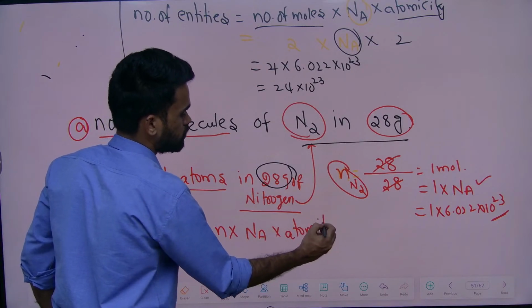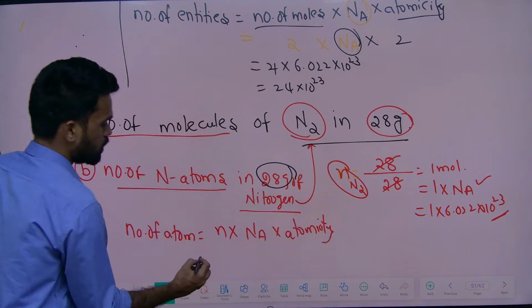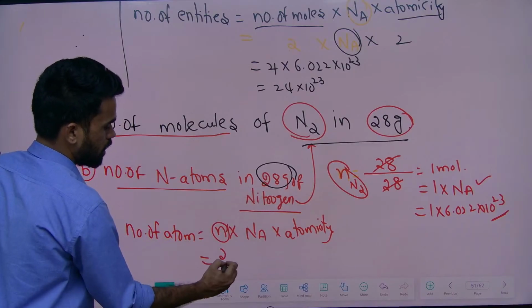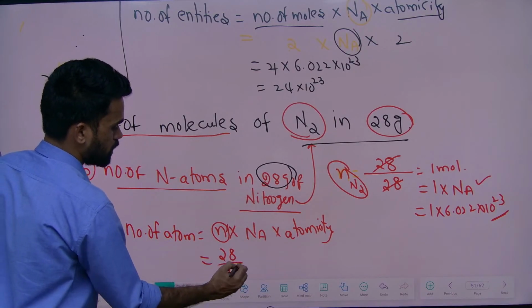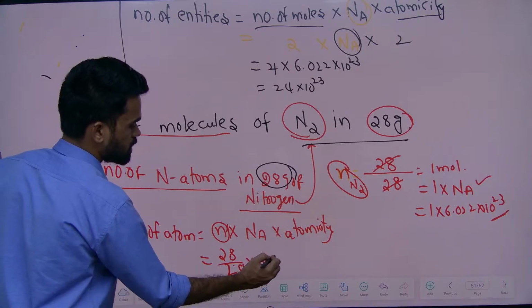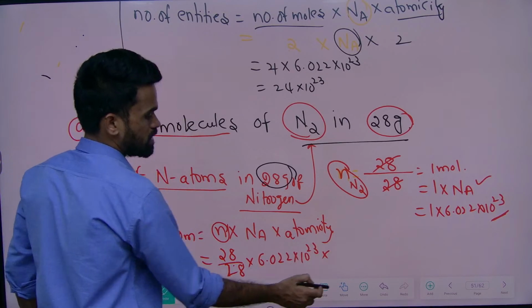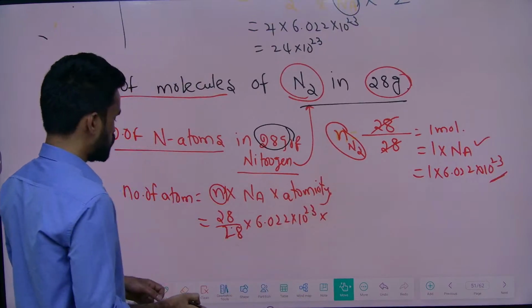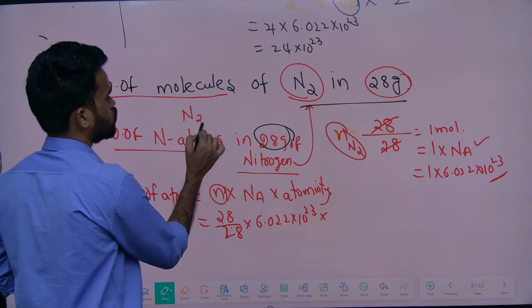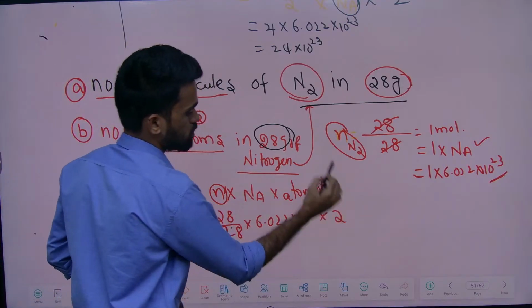That's it, atomicity. So number of moles is 28 grams, given weight, by its molar mass 28, into Avogadro number, that is 6.022 into 10 power 23, into atomicity. What is the atomicity we got here for nitrogen? Nitrogen has 2 atoms, so here take it as 2.